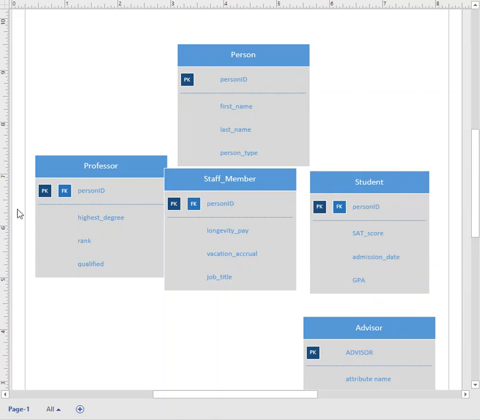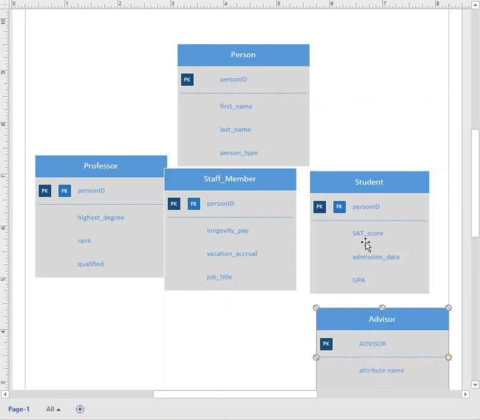I can't get a relationship to come up. Anyway, I'm not sure what's going on. Anyway, what I can do is I can establish a relationship between the student and an advisor, and that relationship would exist only between these two entities. It wouldn't automatically exist between the supertype or the other subtypes, because the relationship between student and advisor makes sense, whereas a relationship between a staff member and an advisor doesn't as much.